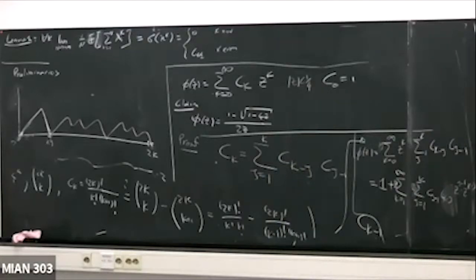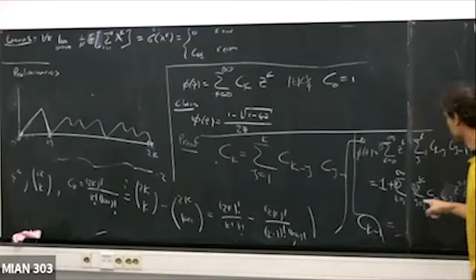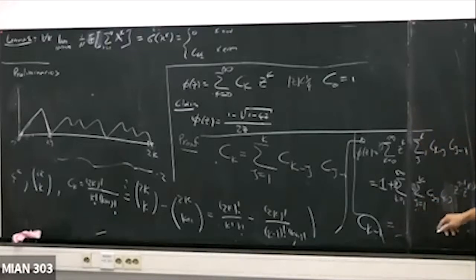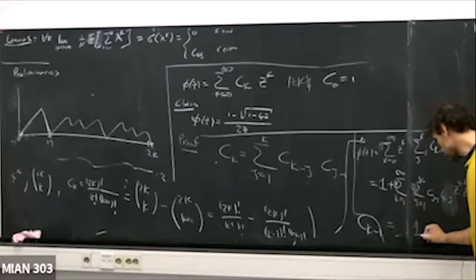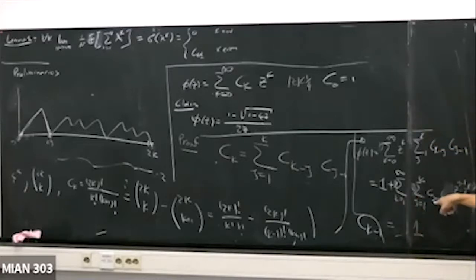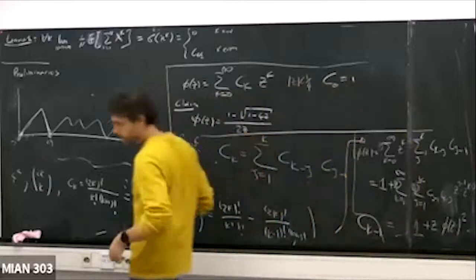Now, as you see, you have to rescale j plus 1 to j, but this is just the square. You see, it is the number itself, z to that power, z to that power. This is just 1 plus z times phi of z squared. This series is the square of this series.